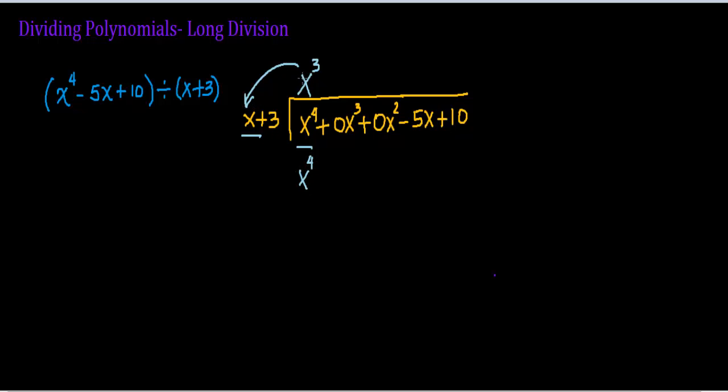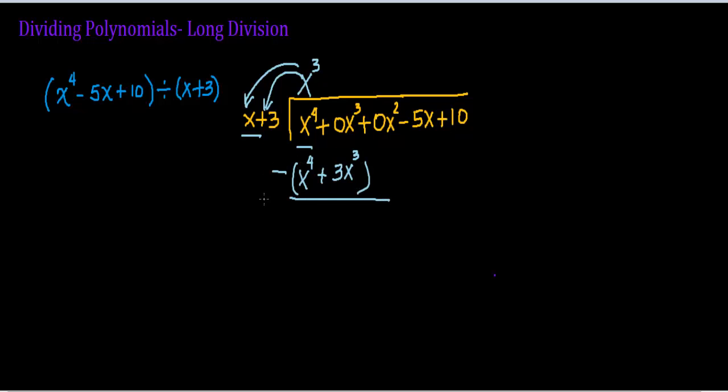And x to the 3rd power multiplied by the other term in the divisor, which is 3, will give you 3x cubed. And notice how nicely this term falls right underneath the placeholder. We insert it, and now we subtract.